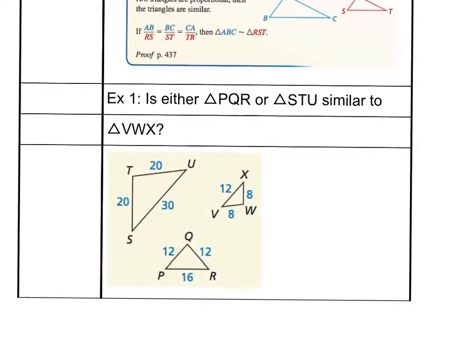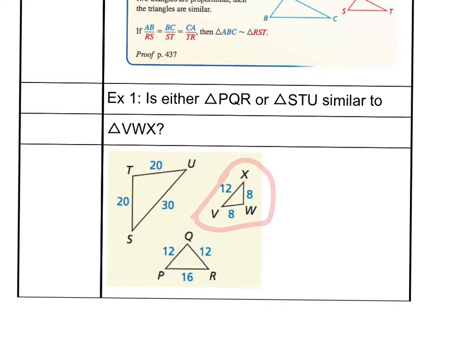And here is our first example. It says, is either PQR or STU similar to VWX? So we're going to say that corresponding sides would be similar. We are looking at VWX, which is the smallest here, this triangle that I've circled in red. So we're going to have to set up two different proportions and verify that those proportions are equal or not.